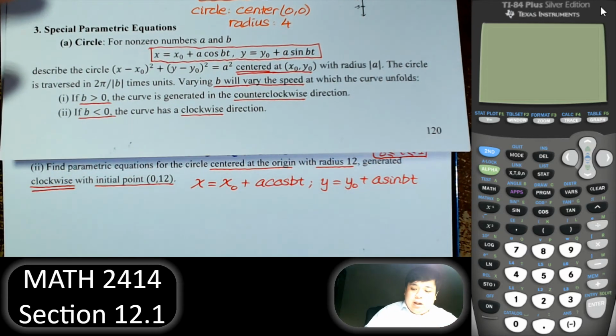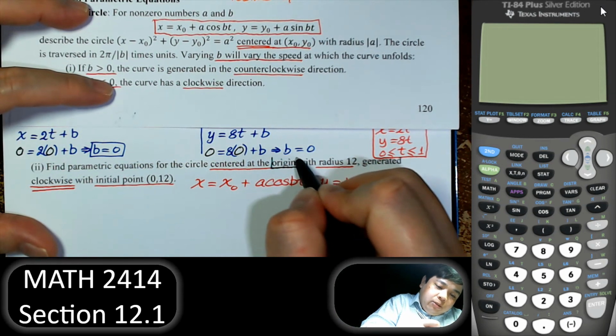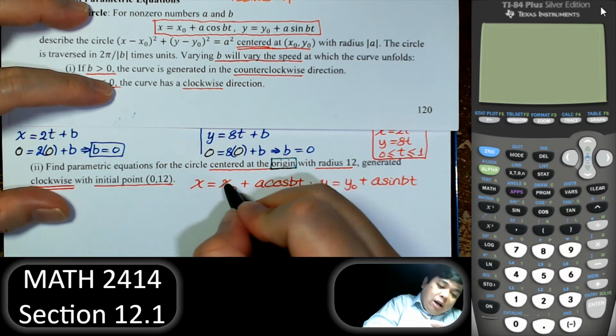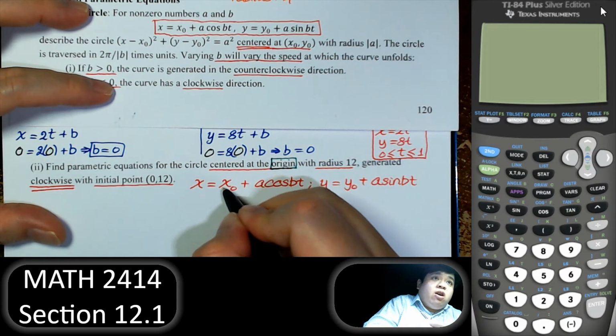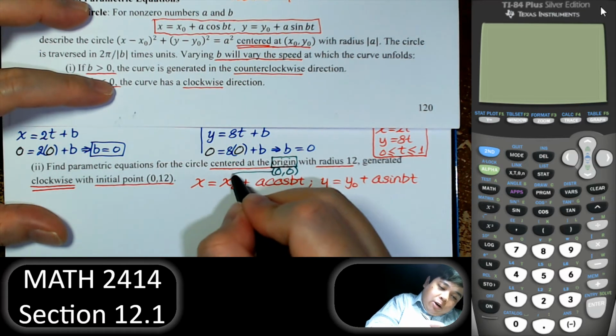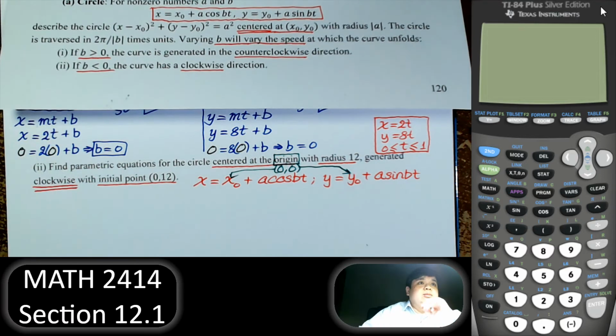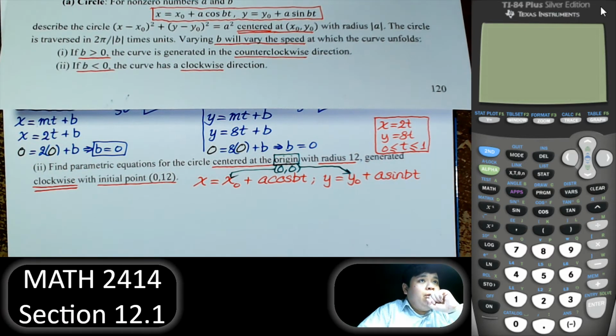Right. Now what do we know? The center is at the origin. So that means x naught and y naught are 0 and 0. So that's 0 for x naught, that's 0 for y naught. Right, so we know x naught, y naught.